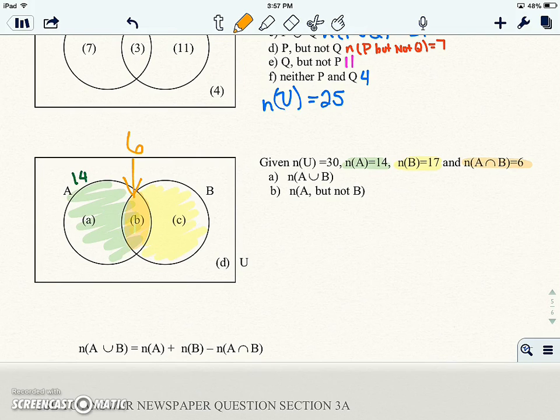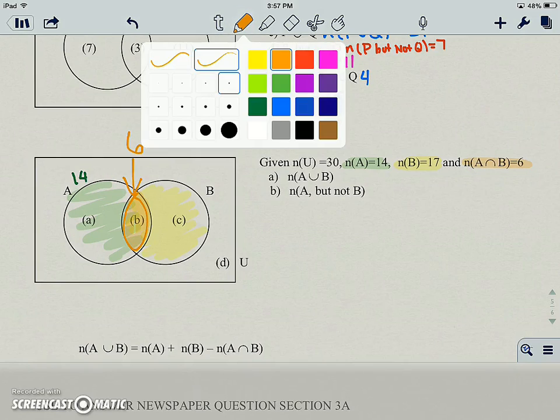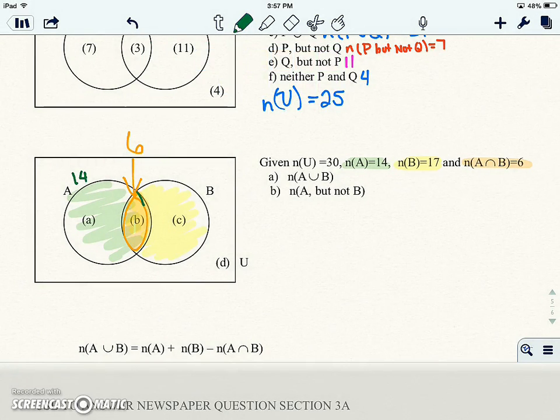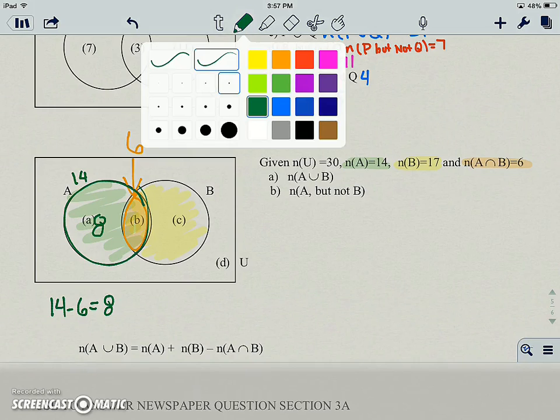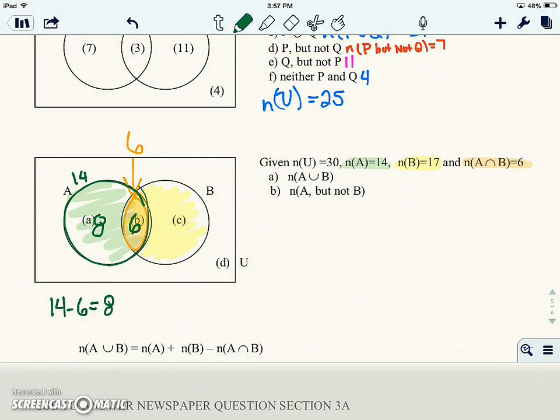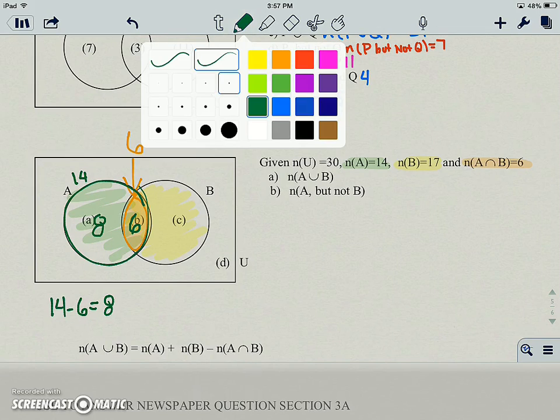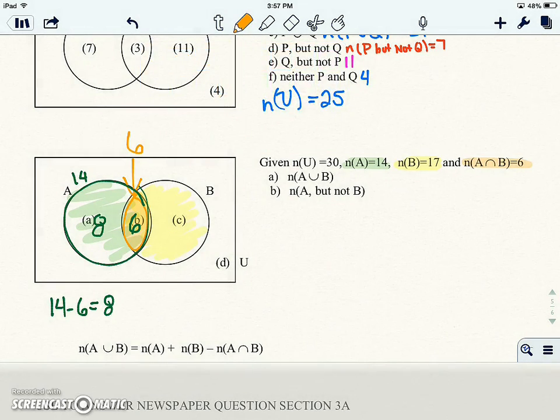Well, if there are 6 items in just this piece, and the whole circle has 14, 14 take away the 6, that means there's 8 in this piece because there are 6 in here. And then for B, B has 17.